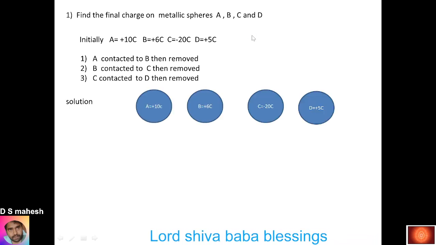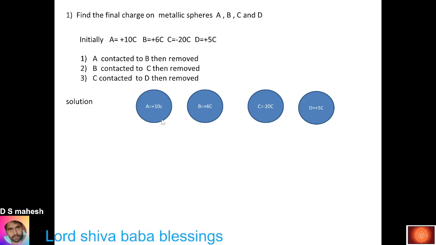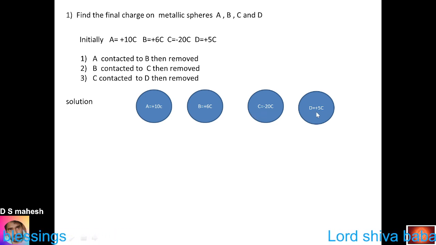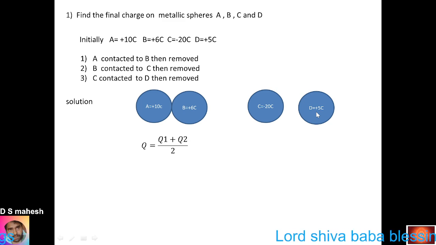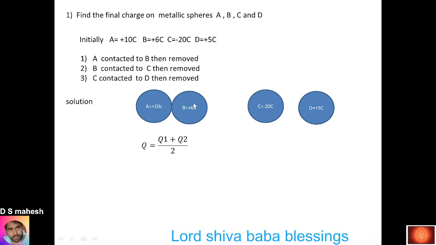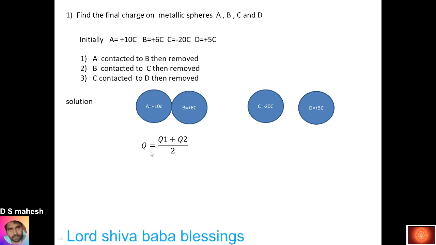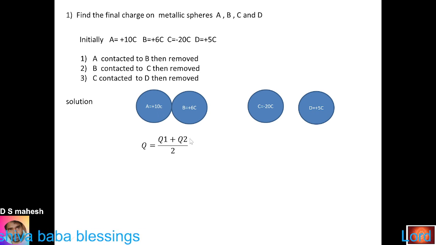The solution: at the initial state, these are the charges. On A it is plus 10, B is plus 6, C is minus 20 and D is plus 5 coulombs. When A is made to contact B, as you already know, charge redistribution takes place until both of them have equal potential. The final charge on each sphere would be (q1 plus q2) by 2.